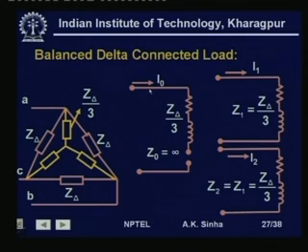That is, in case of a delta connected load there will be no zero sequence current flowing in the lines. Similarly, the positive sequence and negative sequence networks can be obtained, where the positive sequence impedance will be Z delta by 3 and the negative sequence impedance will be Z delta by 3. The currents in them will be the positive and negative sequence currents, and the voltages will be the positive and negative sequence voltages across the terminals. These three networks again are independent from each other.